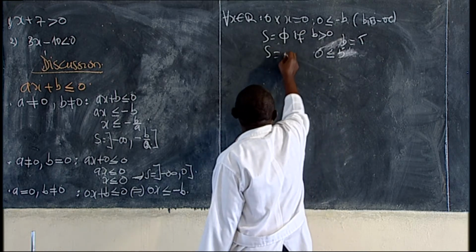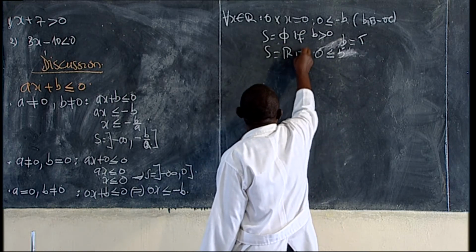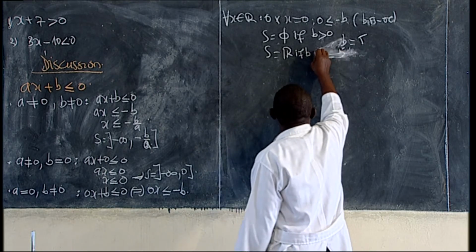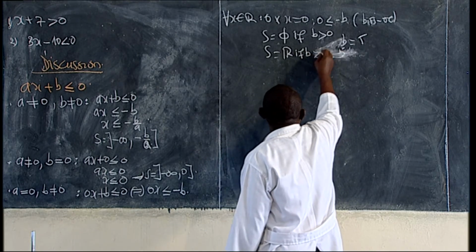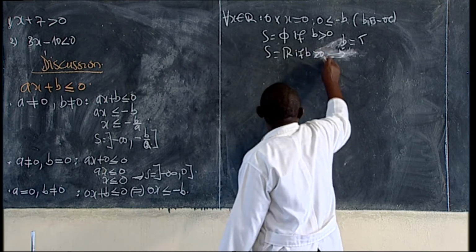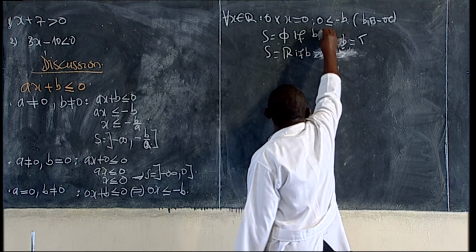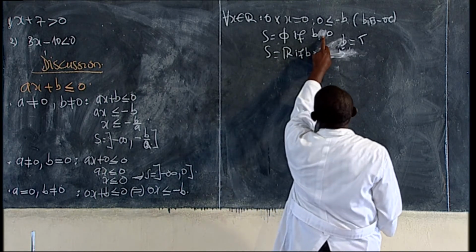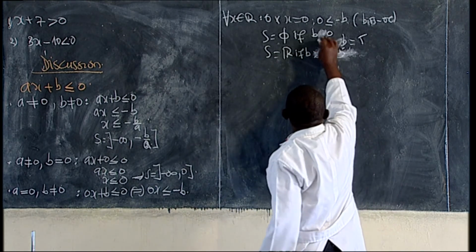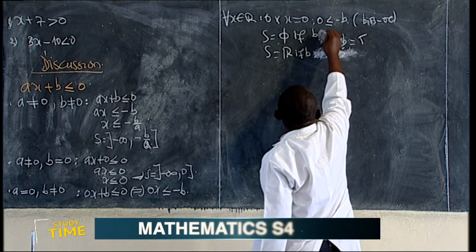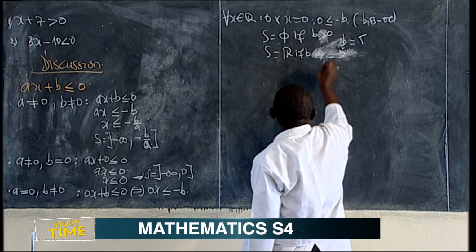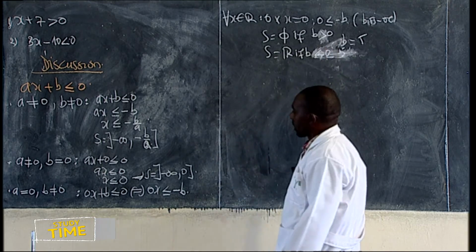And we'll have R if b is negative, because with the negative sign I will be having 5, and 0 is less than 5. So if b is negative, the solution set will be R.